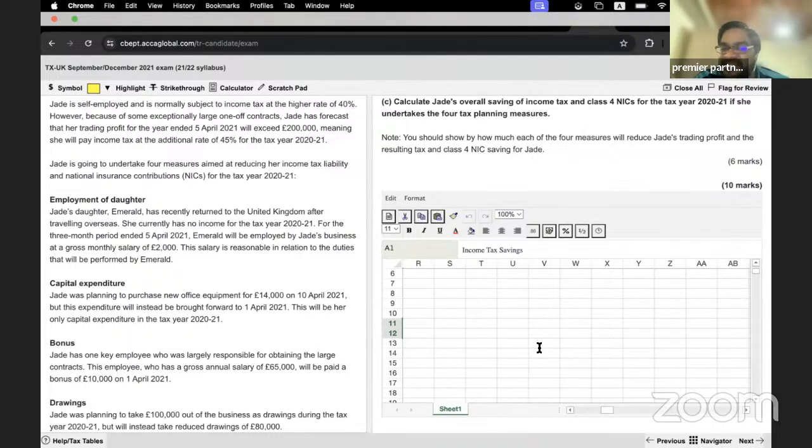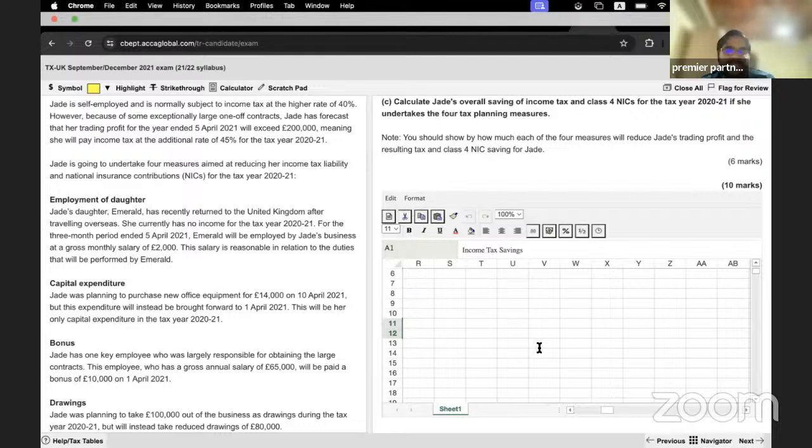Right? Is that the only impact? That is my next question. Is that the only impact? No, I'm asking from Emerald's salary, from the first measure. 2000 is per month, Razi.